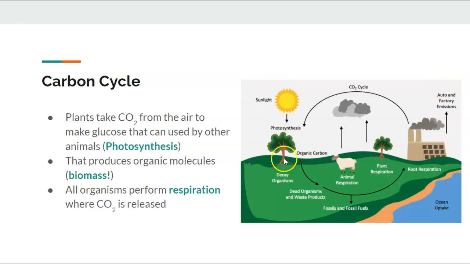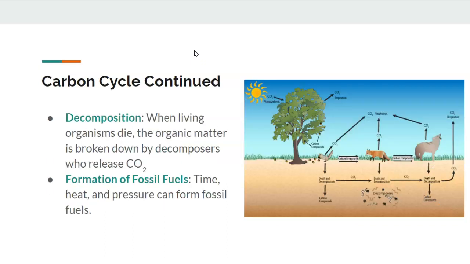We're going to talk about these other ones on the next few slides, but just so that we have this slide covered. As we continue on, there's two big ones that you should definitely know that are really specific to carbon, but also just mega super important: decomposition and the formation of fossil fuels.